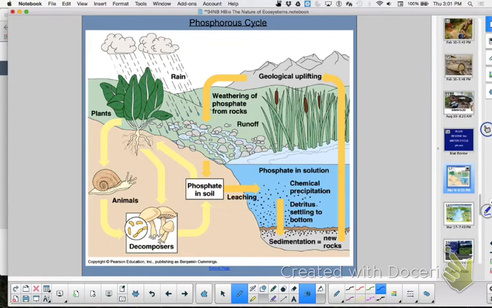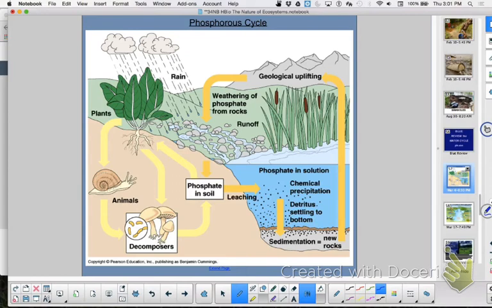Yeah, but there's not enough to keep them all alive, so what happens to that algae? Die. Who works on them? Decomposers. Decomposers are a type of heterotroph that require what gas? Oxygen. They can take all the oxygen out of the lake, and then what happens to everything else in the lake when they don't have oxygen? Dies.